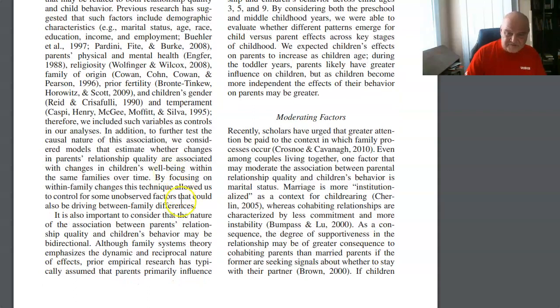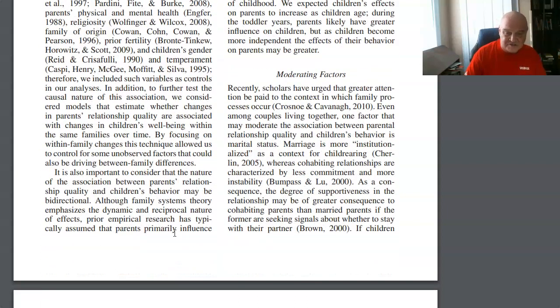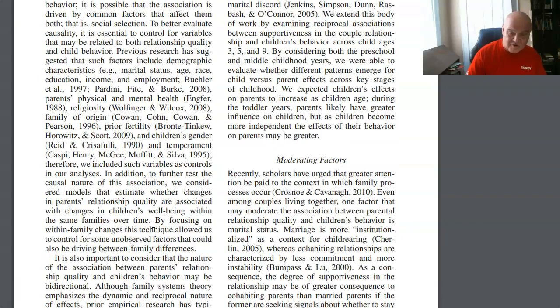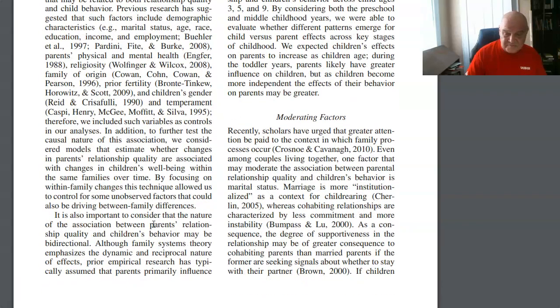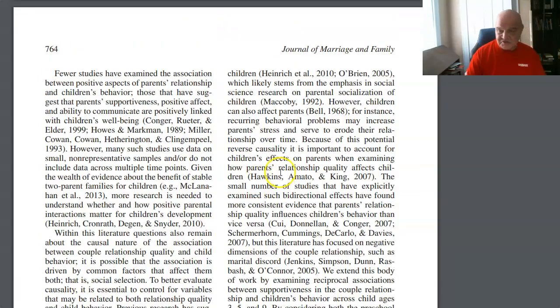It's also important to consider that the nature of the association between relationship quality and children's behavior may be bidirectional. What does that mean? That means that family systems theory emphasizes the dynamic and reciprocal nature of effects. Prior research has typically assumed that parents influence the children. The children may influence the parents too. That's what this is saying.